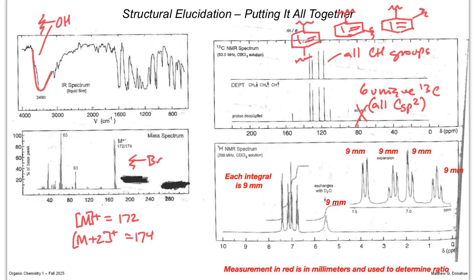So the thing we can use to eliminate now is that. When we look at those 4 signals, none of them is a singlet. So that's how we arrive at placing the OH and the bromine next to each other on the ring.